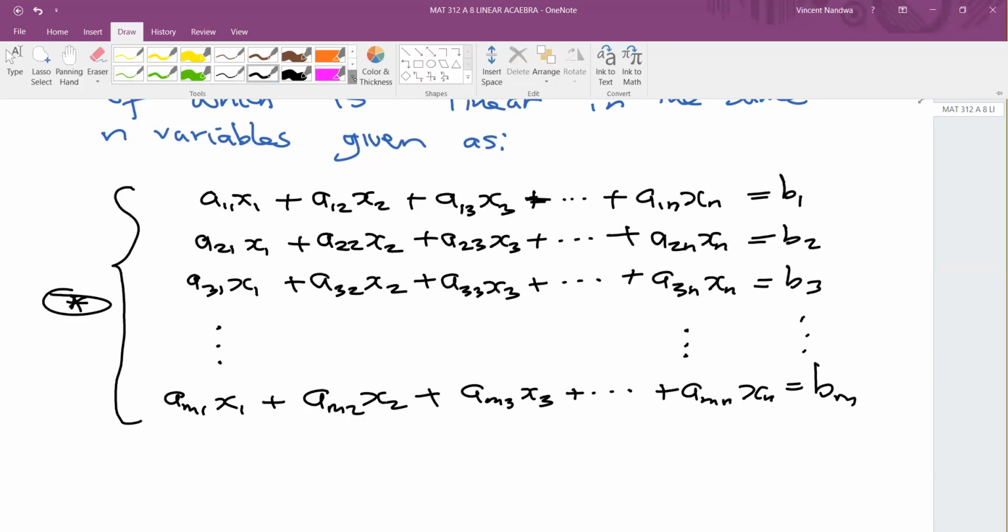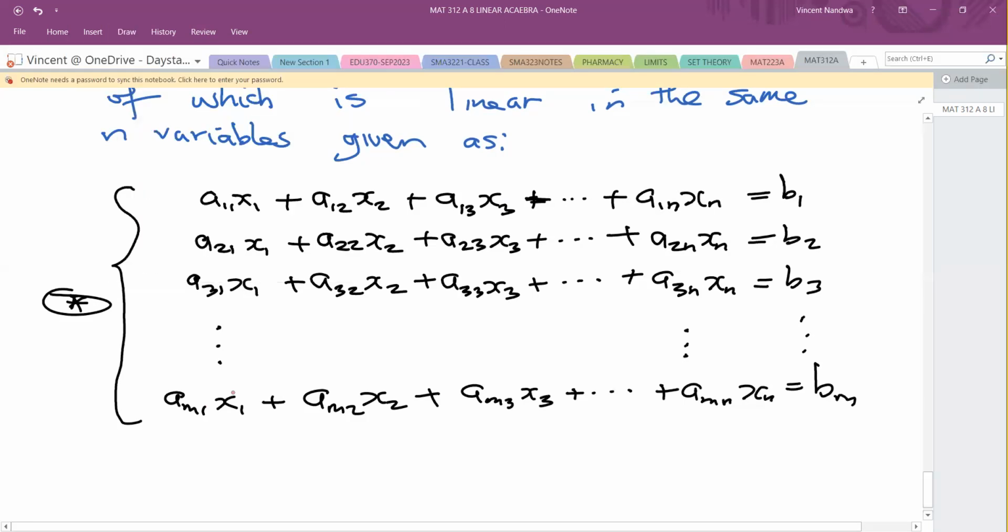Then we can also define what we mean by a solution to this system.